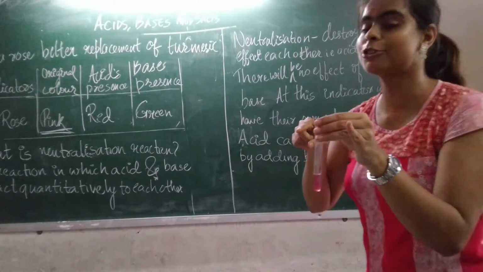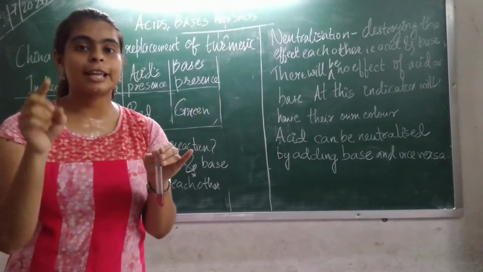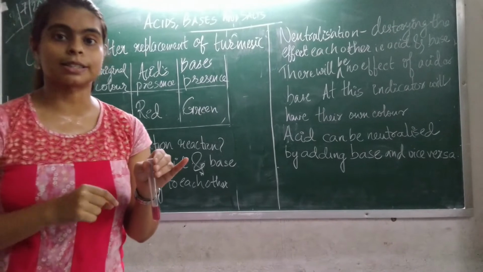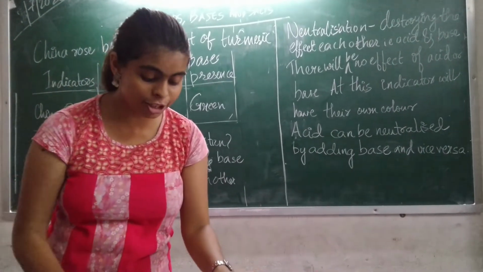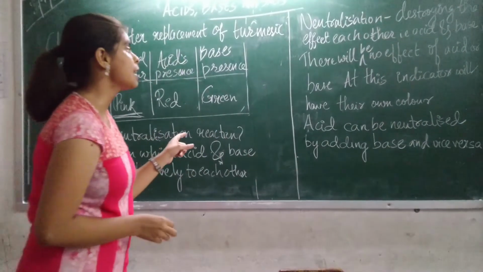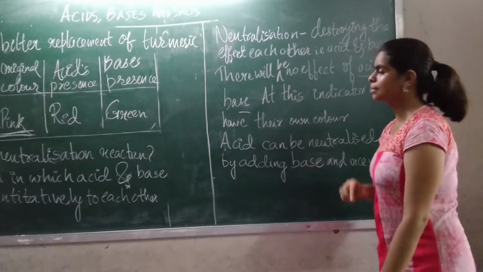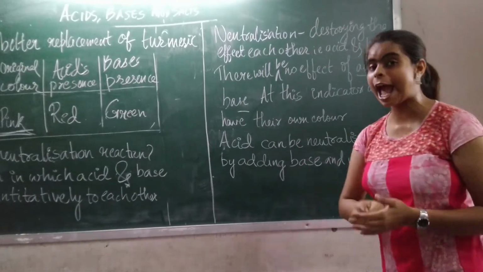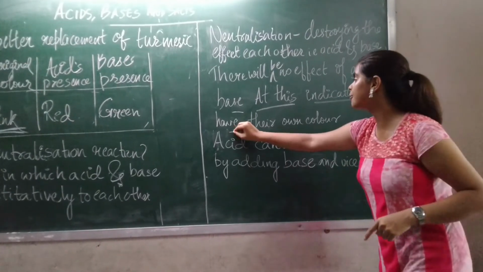So this is a neutralization reaction where the acid destroys the effect of base and vice versa. We can say the neutralization reaction is a reaction where there will be no effect of acid or base. And at the same time, at this point the indicator will have its own color.